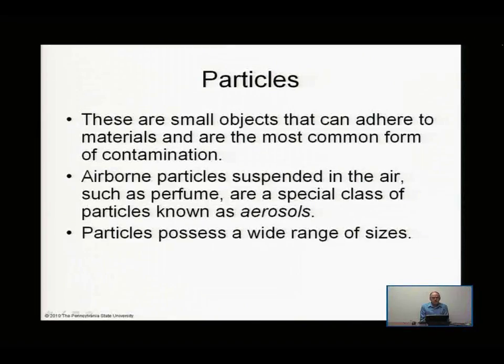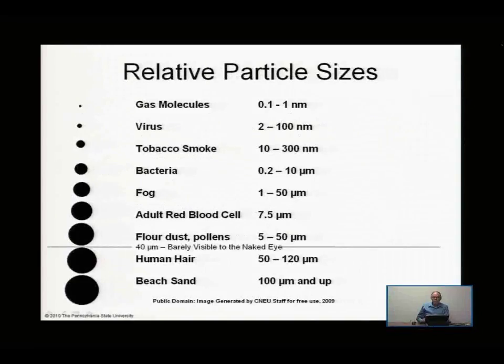Now there can be lots of different kinds of particles and a very wide range of sizes of particles. Here's a diagram that shows us relative particle sizes. You can see it starts with gas molecules, and gas molecules are very, very small, a tenth to maybe 1 nanometer.